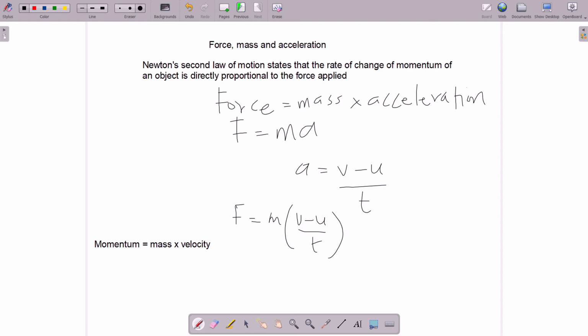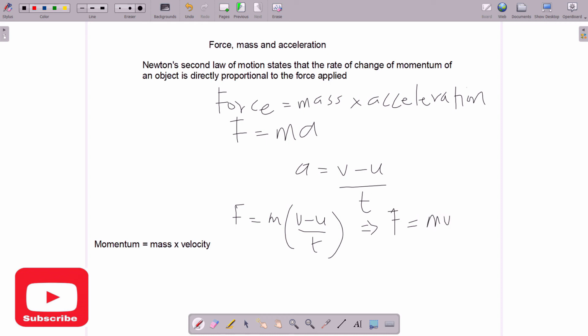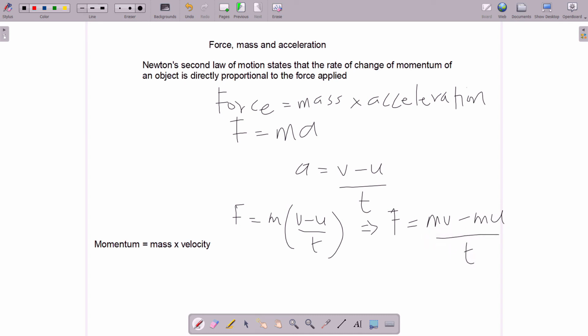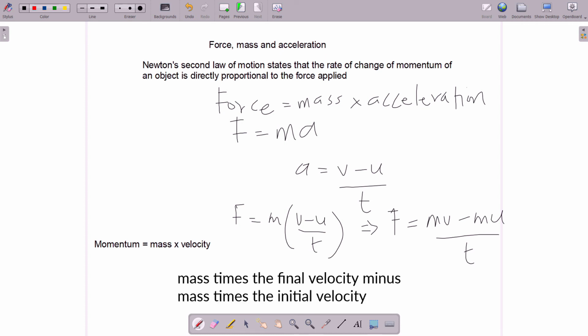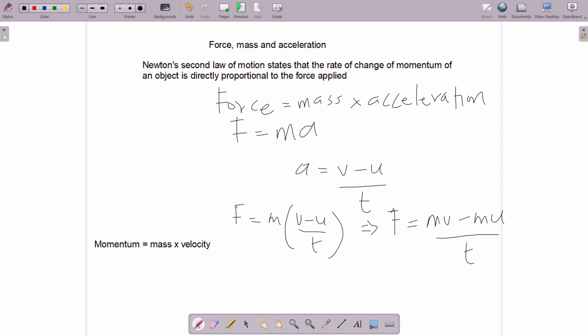If we are to expand what we have here, we'll have force equal to mass times the final velocity minus mass times the initial velocity all over time. So expanding this, we have force equal to mass times the final velocity minus mass times the initial velocity all over time. And we know that momentum is equal to mass times velocity.